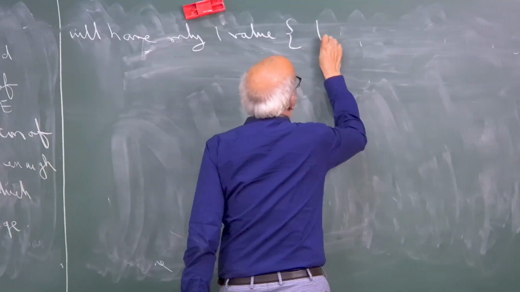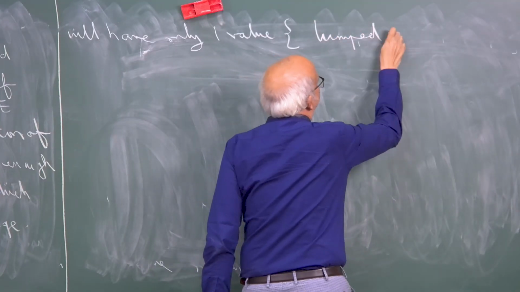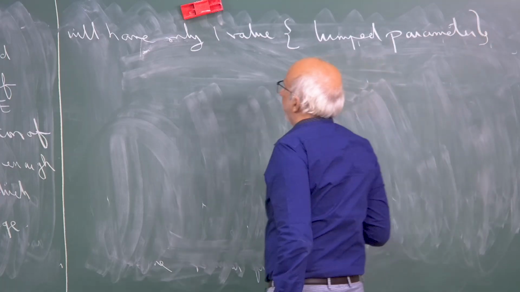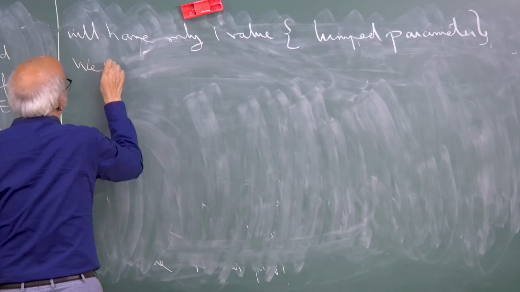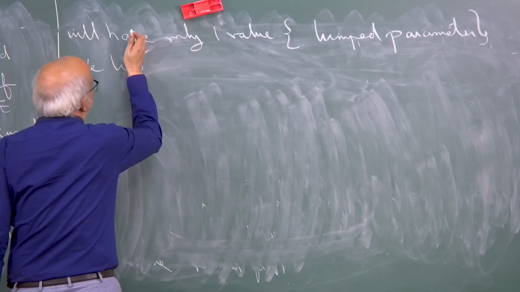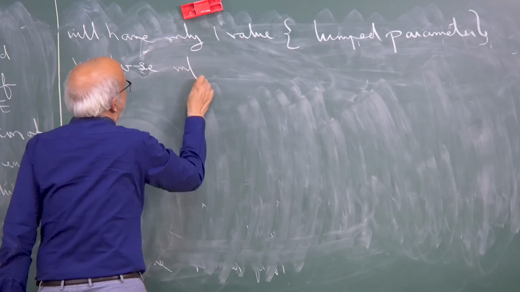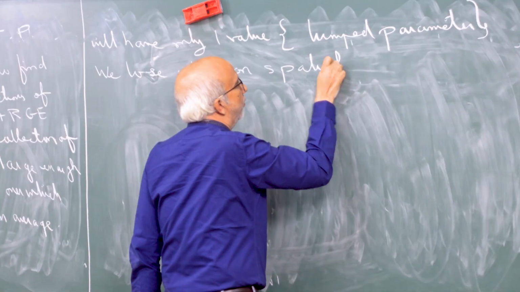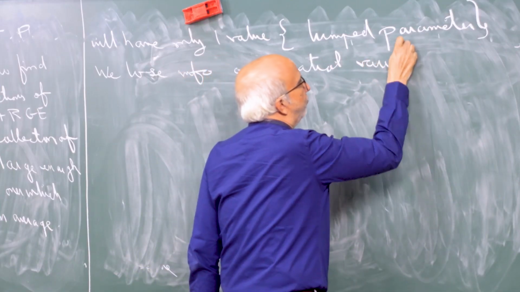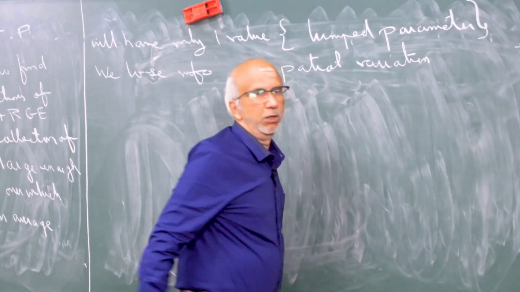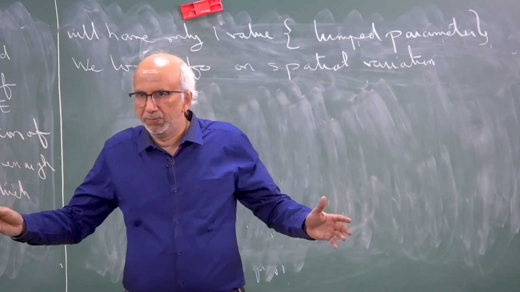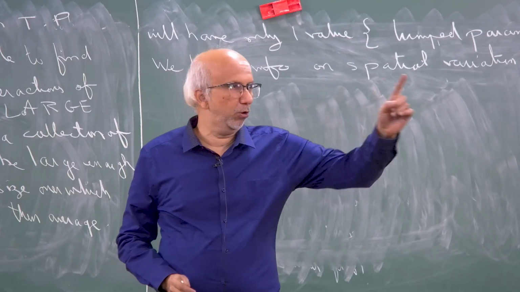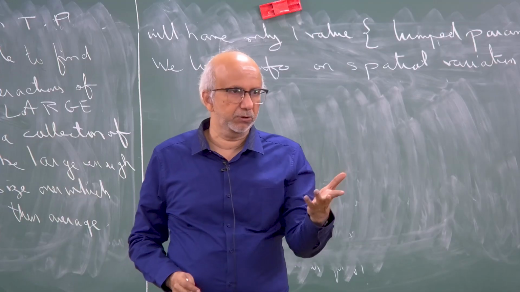This is called lumped parameter, and we lose information on spatial variation. If you take an average of the whole thing, you will get only one velocity, one temperature, but you don't know if the temperatures vary from one point to another, which may be of interest to you.